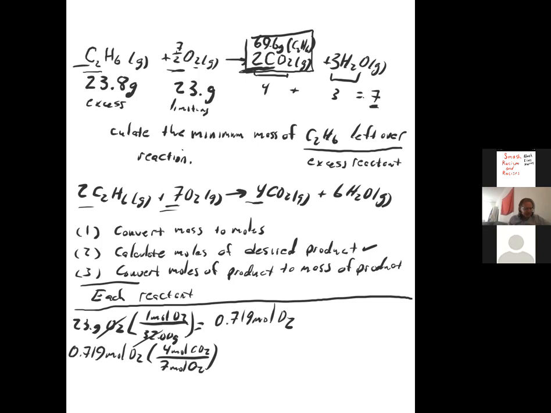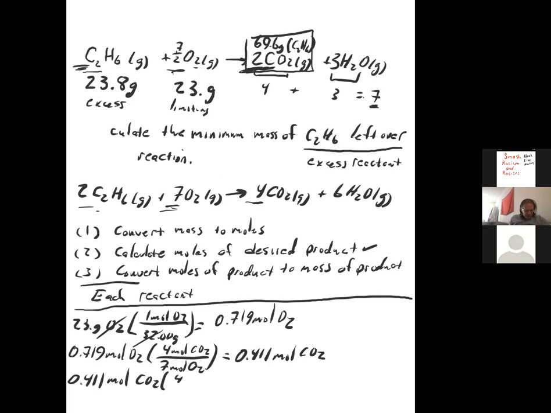So it's the same ratio. So either one. For the first calculation, I think I used this balanced equation. For this one, I'm using this one, but it doesn't matter. It's the same. 0.719 times 4 over 7, and yeah, it's 0.411 moles of CO2. And then again, convert it to grams.